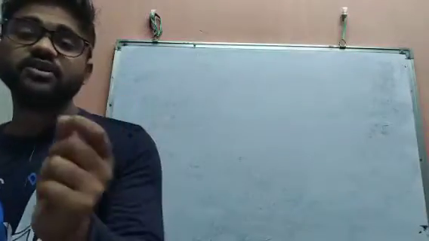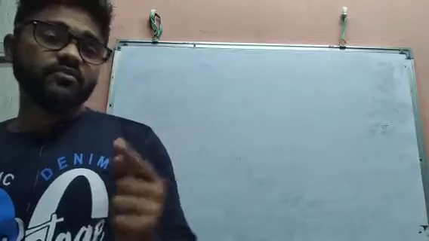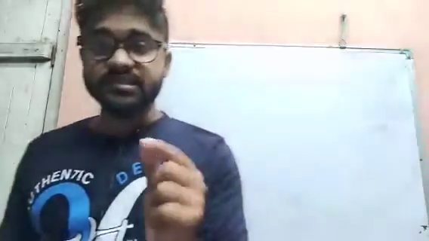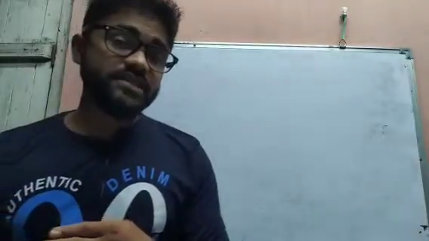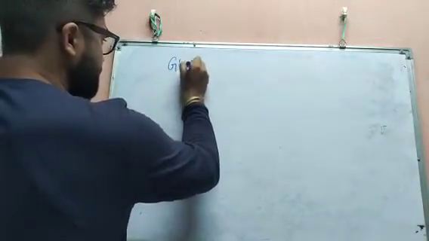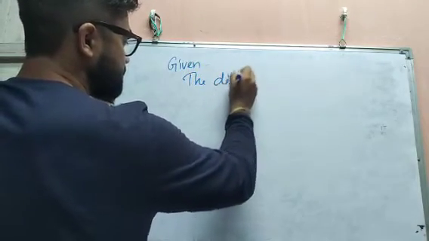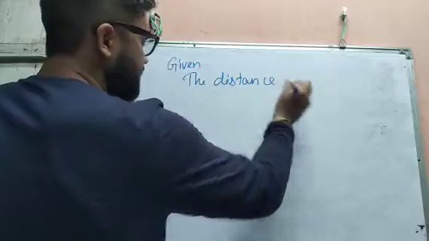Okay, so the first problem is, given what? We are asked to find the average speed of a train which is moving 624 kilometer distance. It moved 624 kilometer distance and the time required for that is 13 hours. So how to find it? See, given the distance.